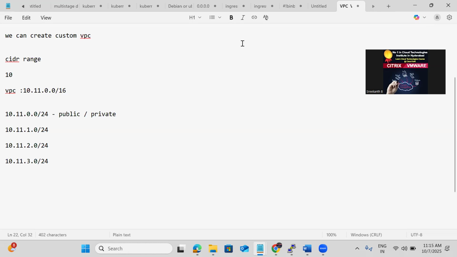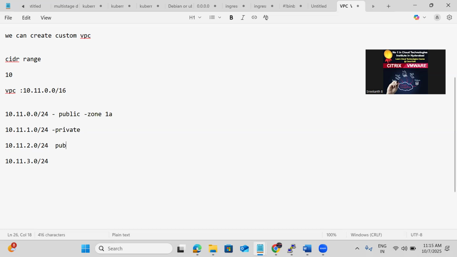So in the VPC, I want to make some of the subnets public and some private. Suppose this one I want to keep in zone 1A, public, and private also in 1A.